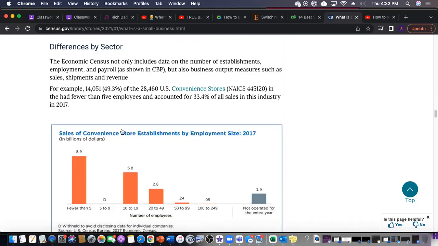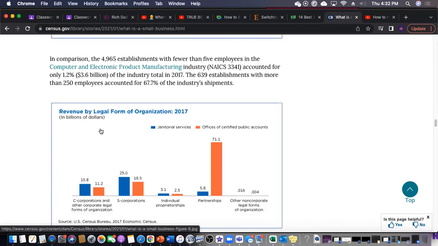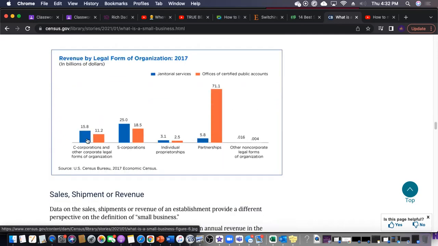So and then the convenience stores are popular. And then S corporations. So DCVS is an S corporation. You got C corporations like Coca-Cola. You got individual proprietorships that's using your social security number. You got partnerships too.